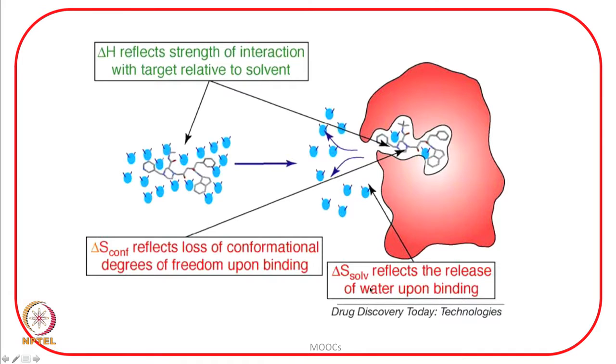And delta S solvation reflects the release of water upon binding. So, there are two phenomena that we need to consider over here. One is the removal of water molecule, that is desolvation, and energy is required, and the release of water molecules, that is giving back in terms of increase in entropy.